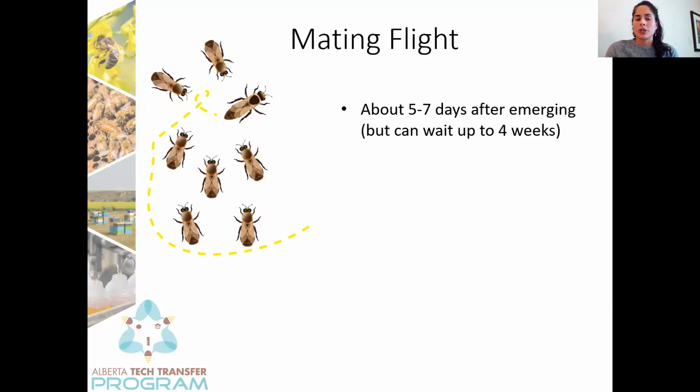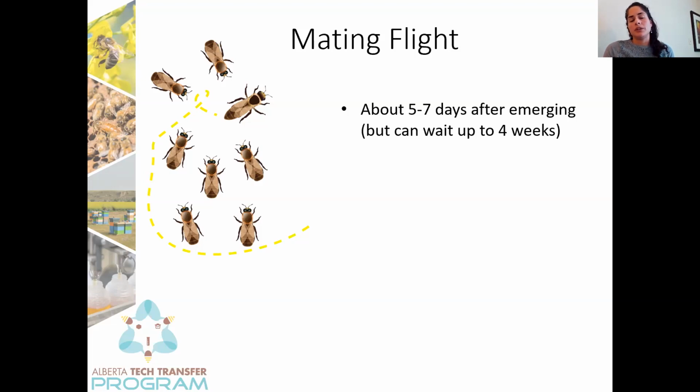When the queen emerges, she will go out on her mating flight. It's usually an average of 5 to 7 days after emerging, but that can take up to 4 weeks, and that depends on the weather, if it's raining or if it's too windy. The queens will not fly on their mating flight, so they will wait.